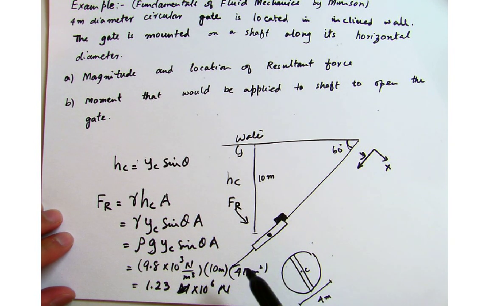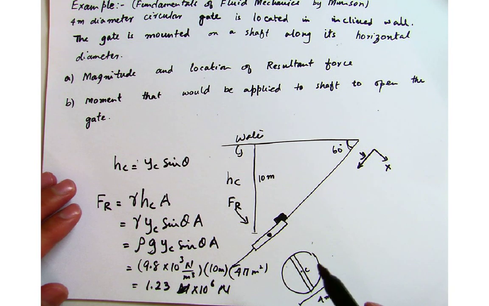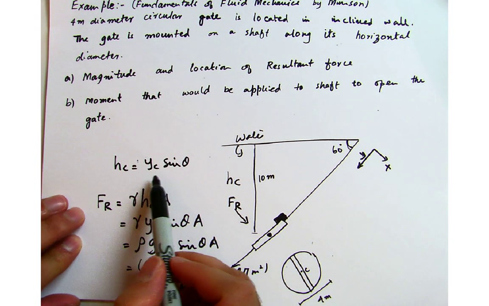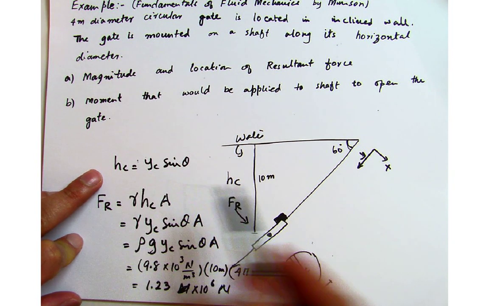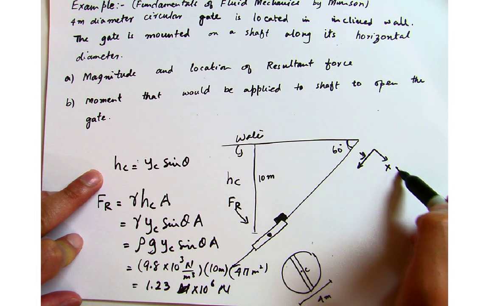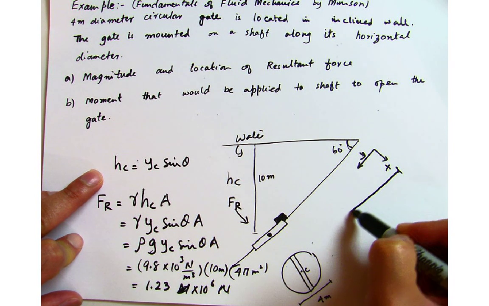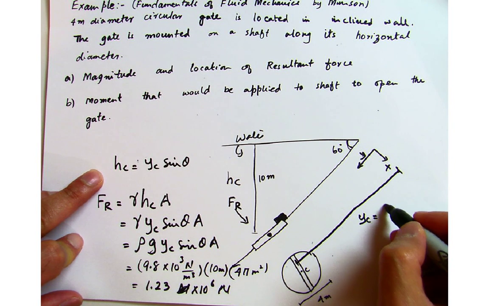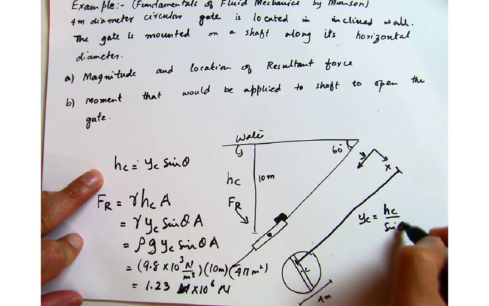Okay, so we have the resultant force, but I don't know the location of that force at this point. But because we have this quantity, I can find the centroid distance. So yc is simply, so this distance yc is equals to hc over sine of theta.